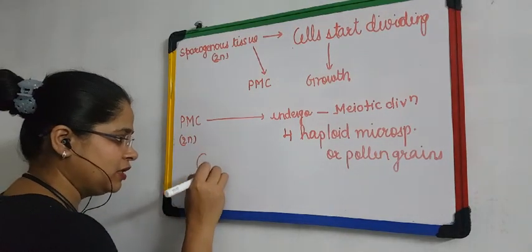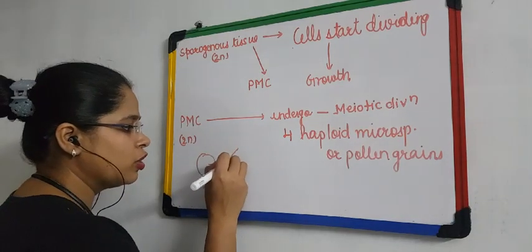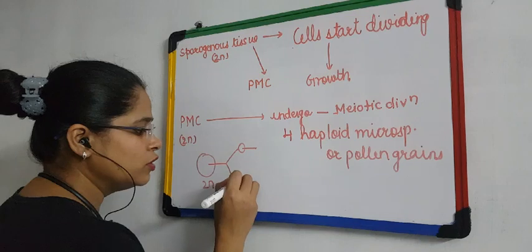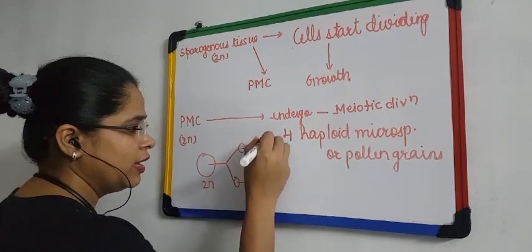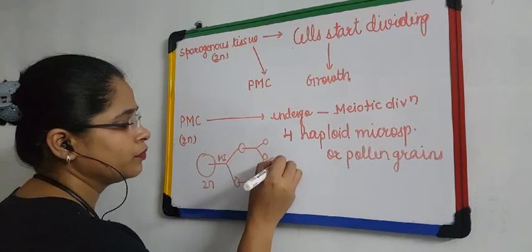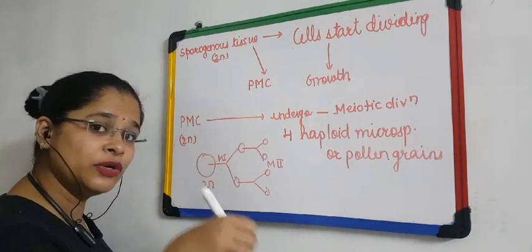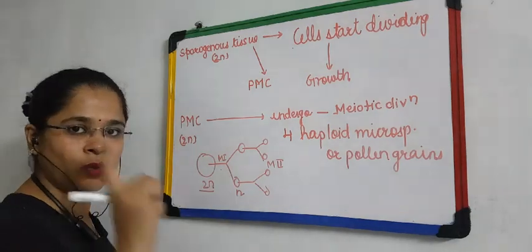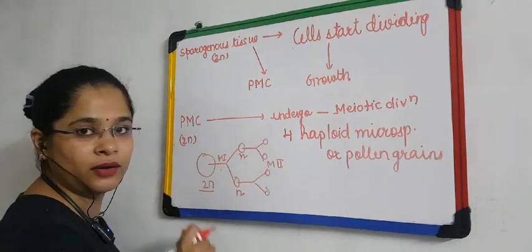One PMC, which is 2N, undergoes meiosis 1, forms 2 cells, undergoes meiosis 2, forms 4 cells. What have we done in meiosis 1? We have reduced the ploidy from 2N to N, one set of genome. What have we done here?